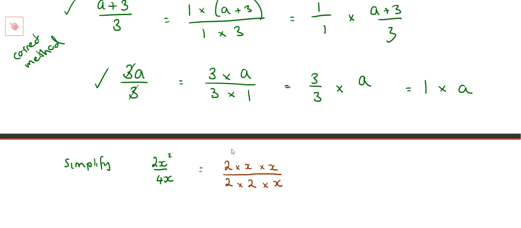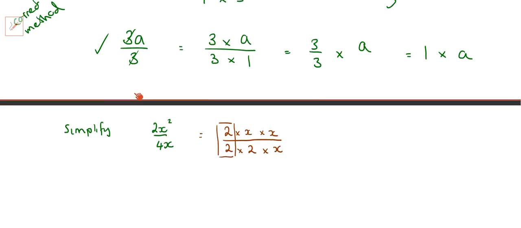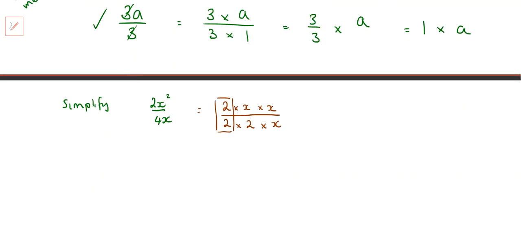The common factor would be 2 over 2, which makes the 1 times, and I'm going to choose these two x's, it doesn't really matter, x times the x, which also makes a 1. I'm writing all of this out to help explain.